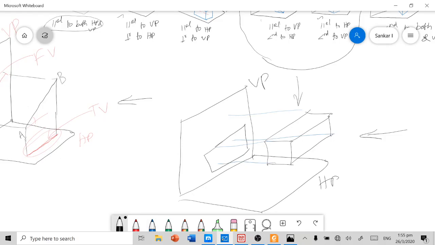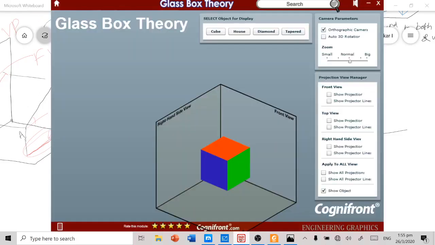And when you look at it from the top, the projector will fall on the HP screen and you will get the top view of the object like that. So this is your front view, and that's your top view. In this way, by the orthographic projection concept, we can develop the front view and the top view of the object.